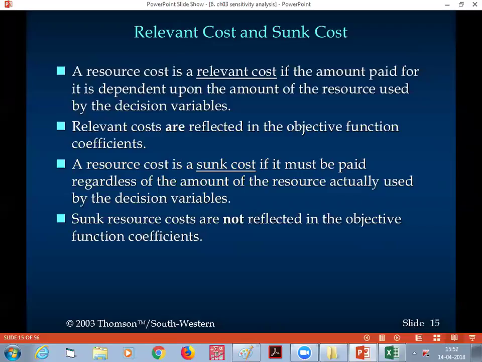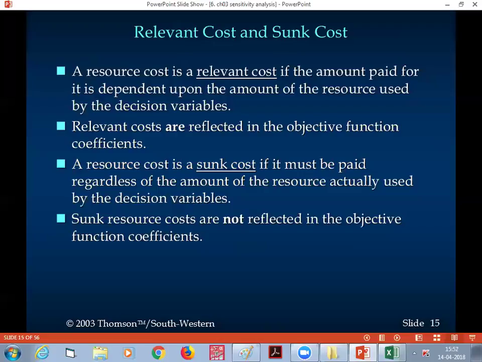In other words, the relevant costs are reflected in the objective function coefficients. Where we're talking about a profit contribution, it has already been removed.